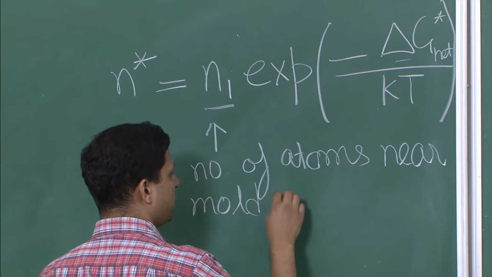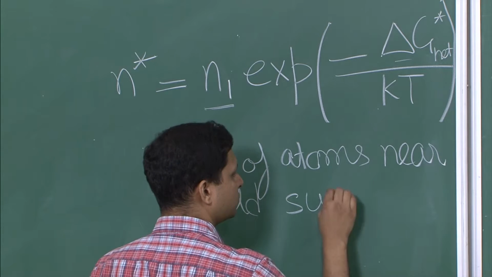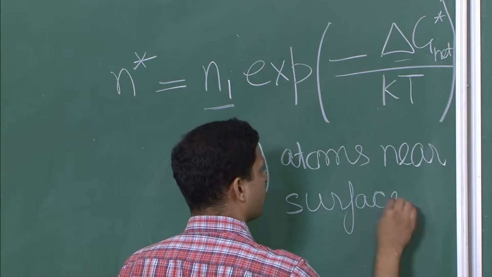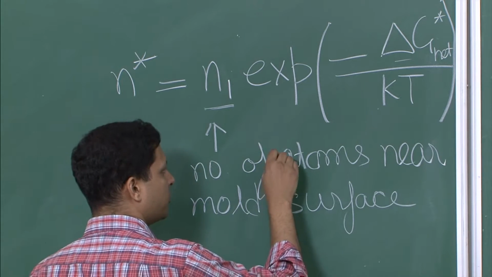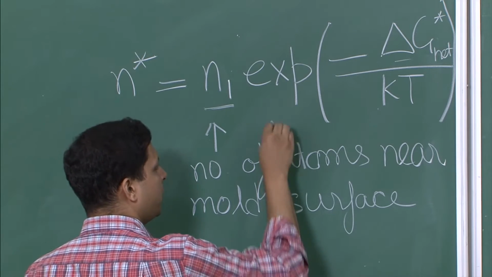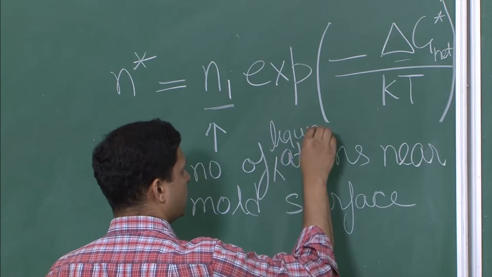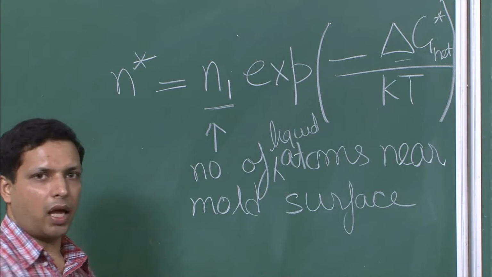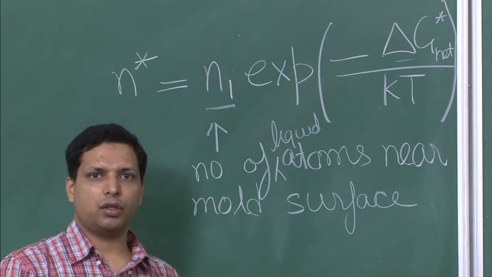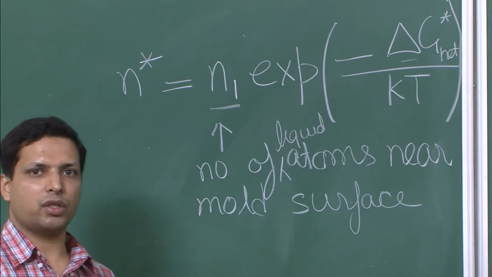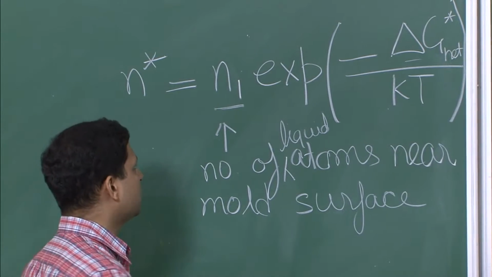So, the number of atoms near the mold surface. To be specific, the number of liquid atoms: we are talking about the atoms of the liquid material which are present near the mold surface.